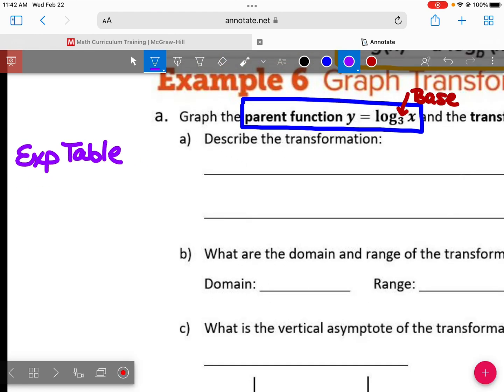Why are we making it off to the side? Remember, I have to take the exponential table and flip it to get my parent table. This one right here, we are not going to graph.